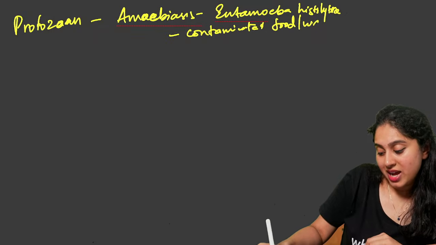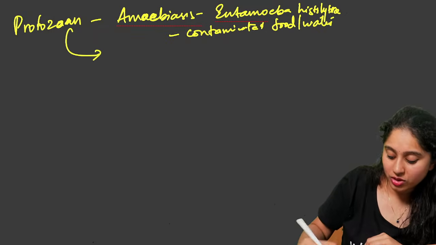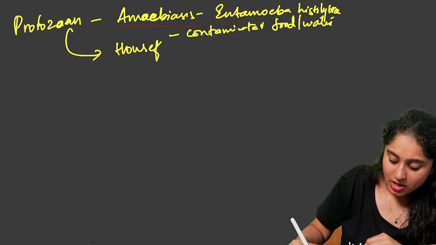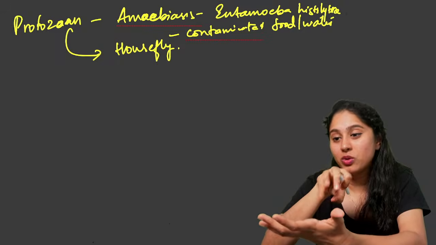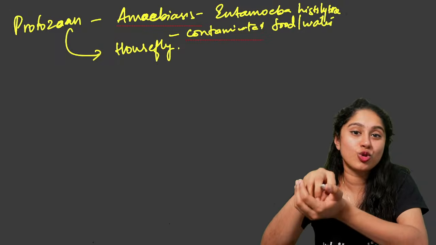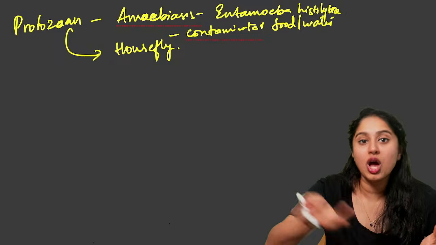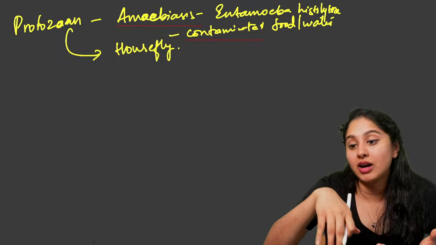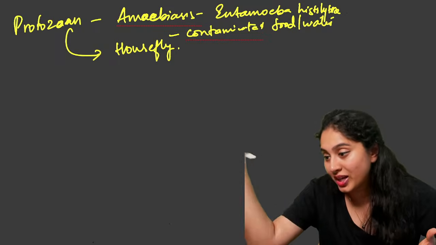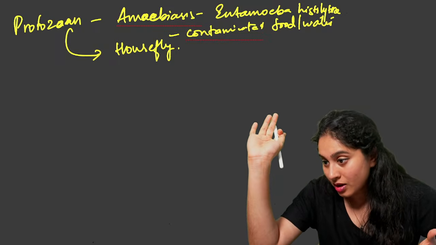Okay, but majorly who is the carrier for this? It is the housefly. So the housefly will sit in the feces of somebody who is affected. It will carry the protozoan, come and sit on your plate of food also, and then nicely you will have that food, and then once it goes inside, all the protozoan will go inside and start showing its activities.